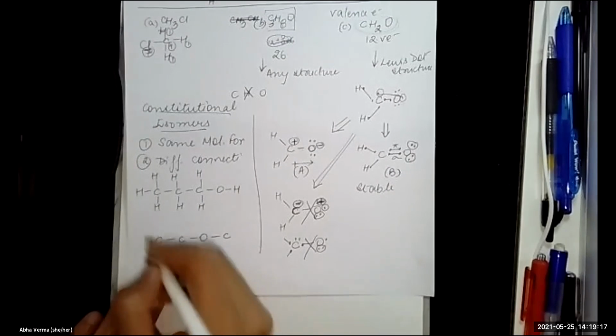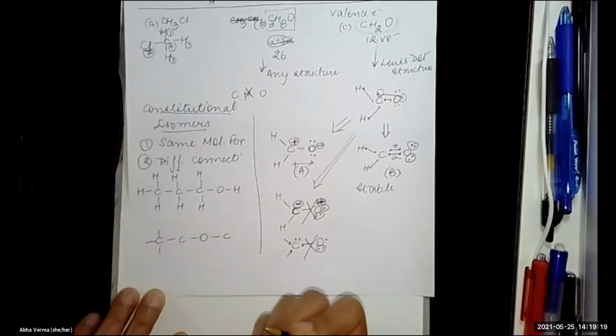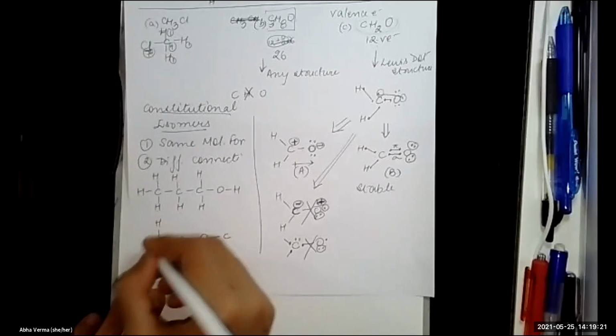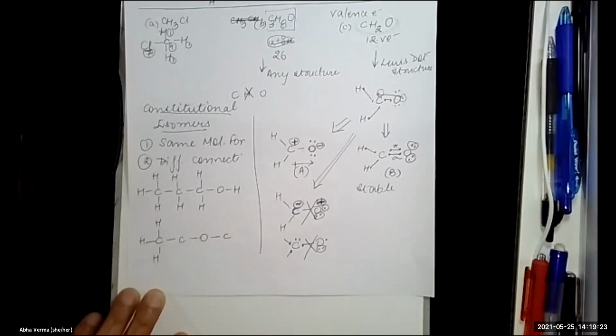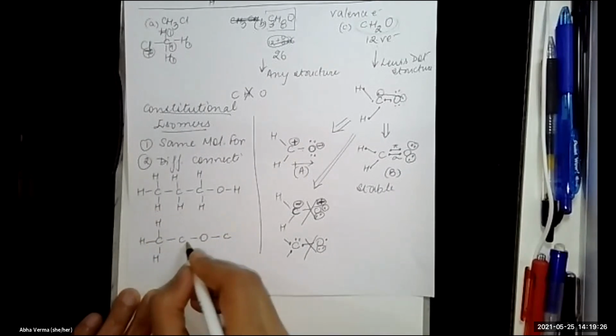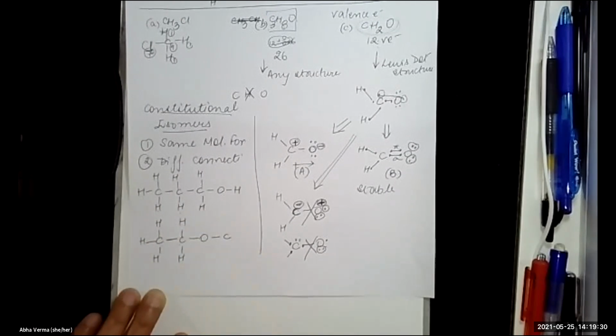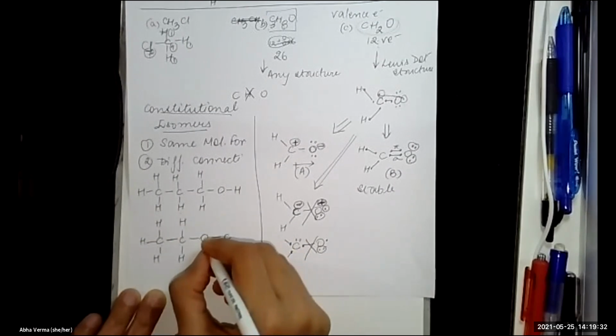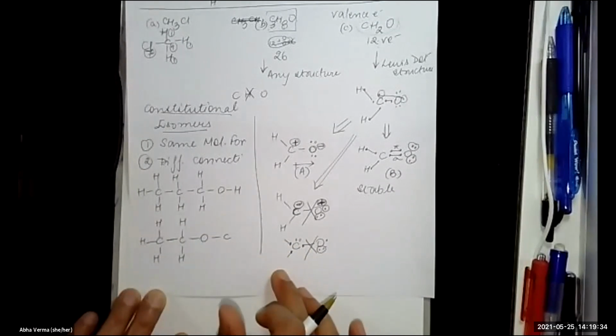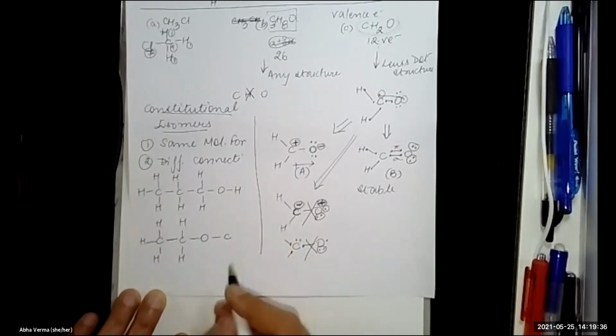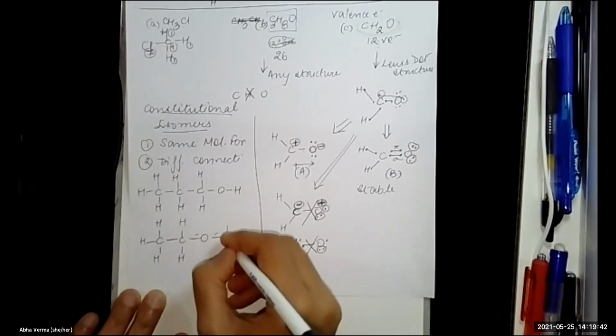So carbon is going to make 4 bonds. I did not tell you what these are, so I'm going to fill in those as hydrogens. This carbon will also have its 4 bonds. This oxygen can make only 2 bonds. It is doing so, so I don't need to fill in any other hydrogens here.